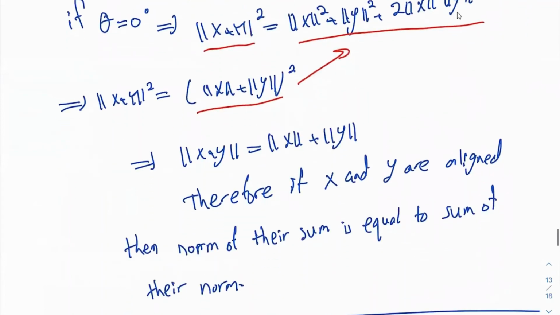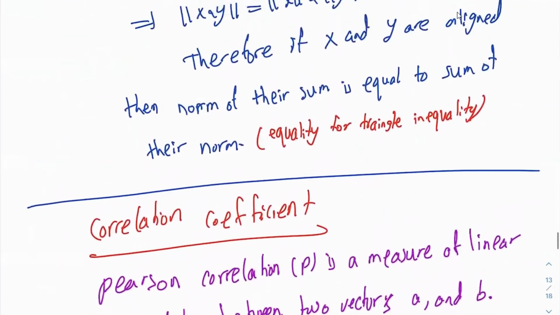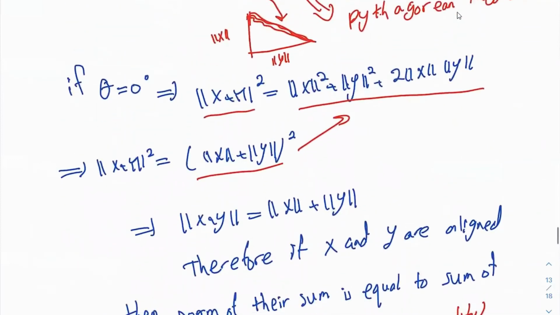I wrote it down here. Therefore, if x and y are aligned, the norm of the sum is equal to the sum of their norms, which means equality for the triangle inequality.